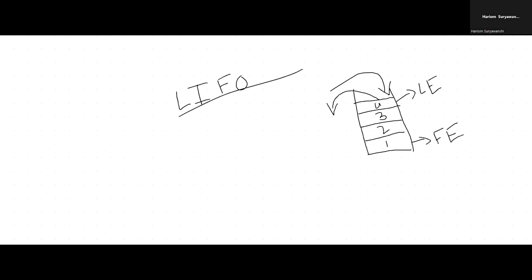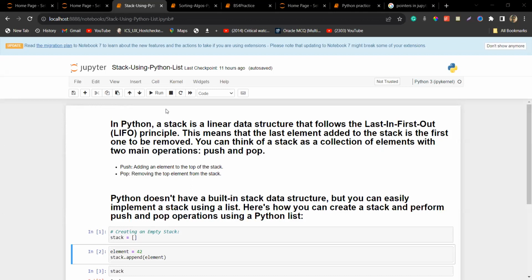So this is what we discussed about the stack in Python theoretically, and now we will look into the practical implementation of the stack, and we will discuss the definition and how it performs. In Python, a stack is a linear data structure that follows the last in first out principle.